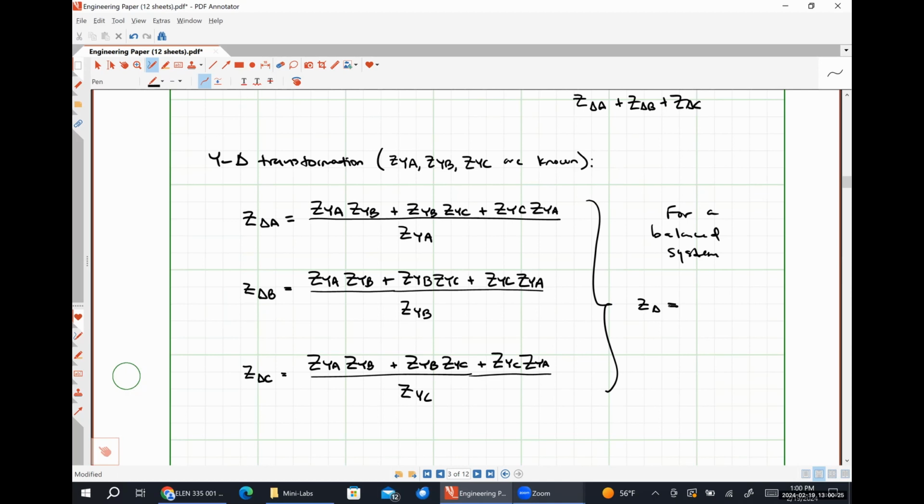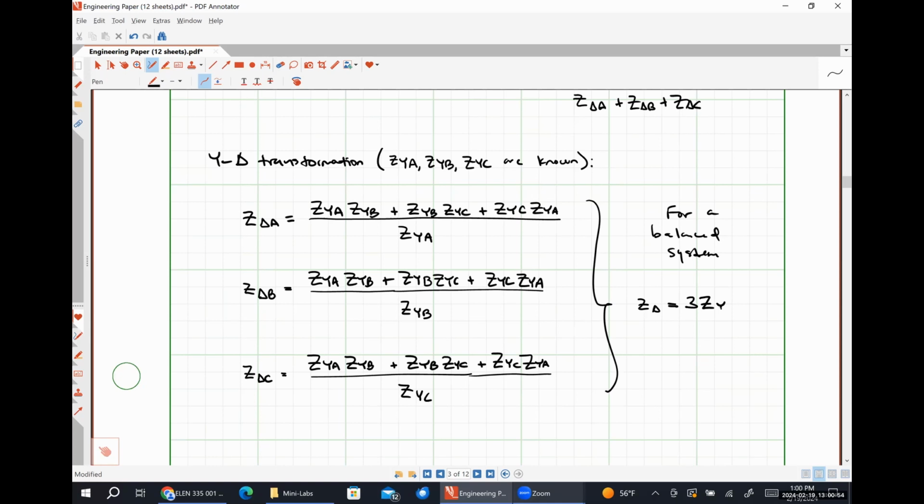So now let's talk about if we have a balanced system. In a balanced system, ZYA, ZYB, and ZYC would all be equal to each other. So if I just plugged ZY in for everywhere I see ZYA, ZYB, or ZYC, I would get 3 ZY squared over ZY, or 3 ZY.